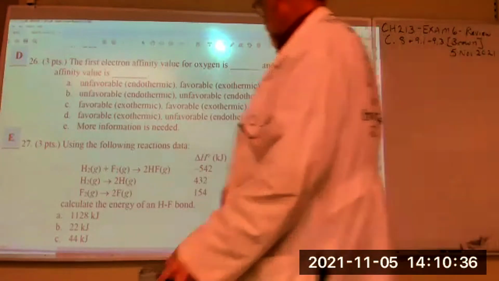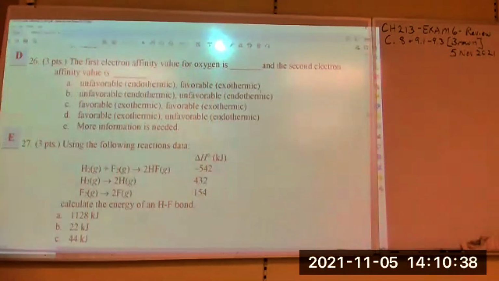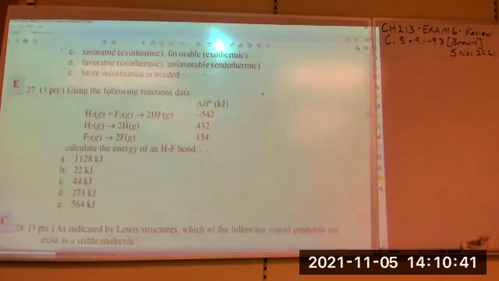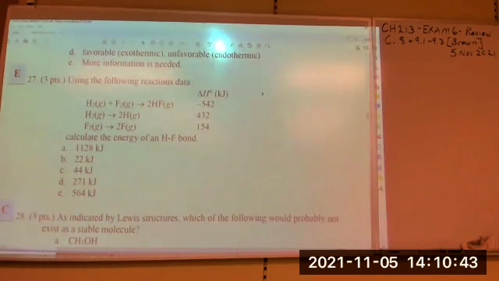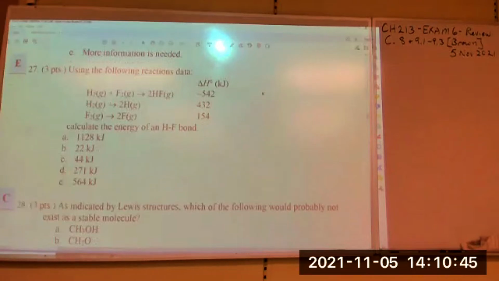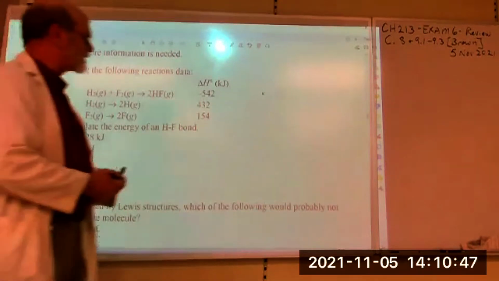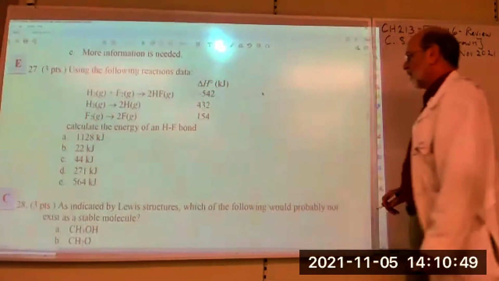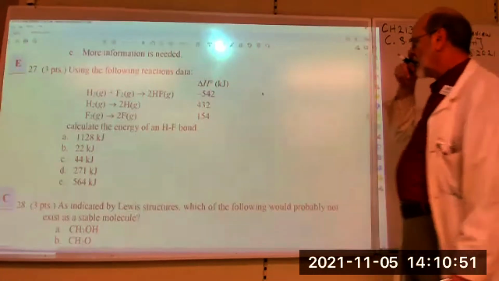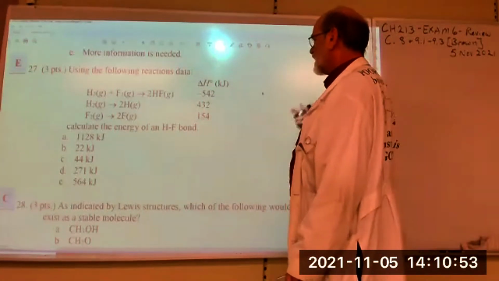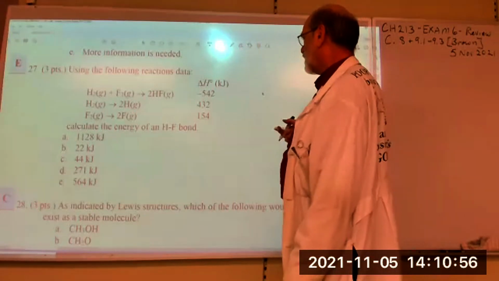Let's see, if there's, scroll that one down. Use the following reaction data. Calculate the energy of an HF bond. Let's see if I can do this without looking at my notes. The energy of an HF bond.